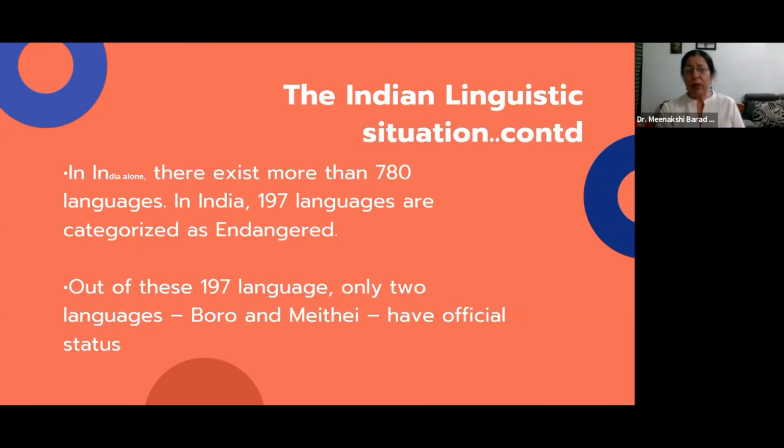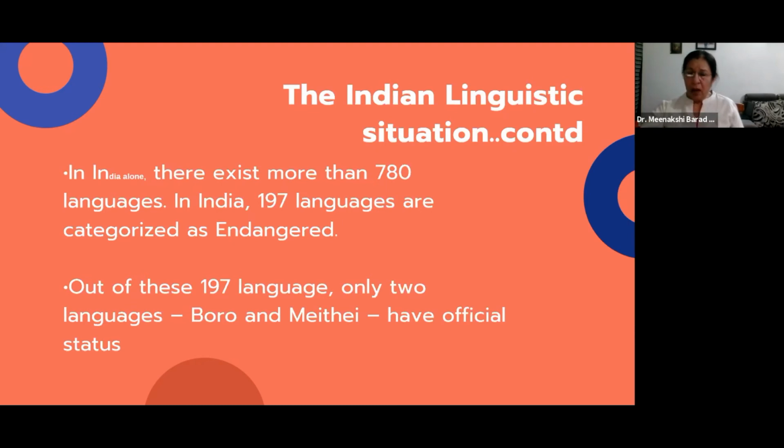In India, 197 languages are categorized as endangered. This number is quite deceptive. Out of these 197 languages, only 2 languages, Bodo and Maithili, have official status.